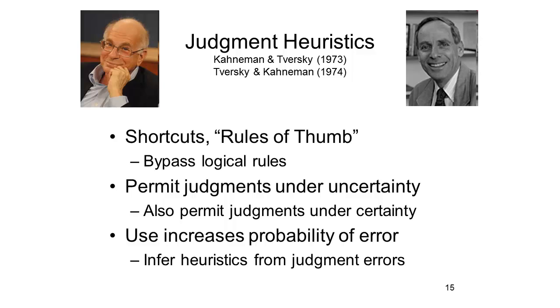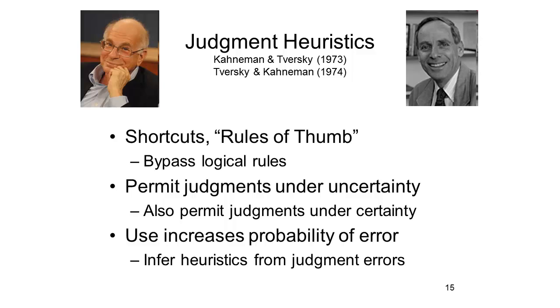In recognition of their achievement, Daniel Kahneman shared the Nobel Prize in Economics for 2002. Unfortunately, Tversky could not share in the prize because he had died, and the Nobel Prize rules don't permit the prize to go to individuals who are not living.